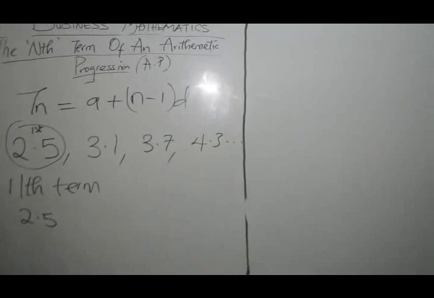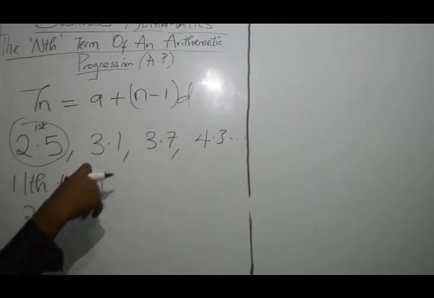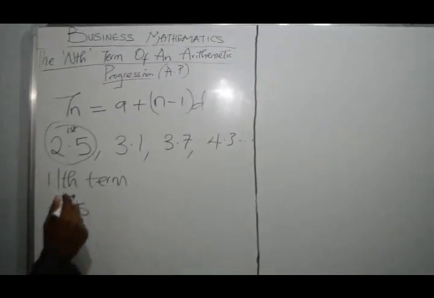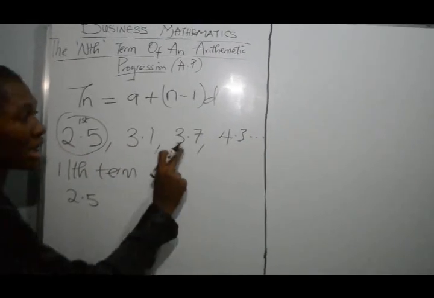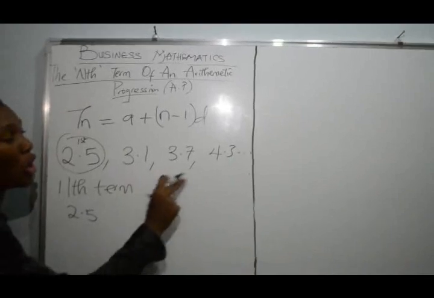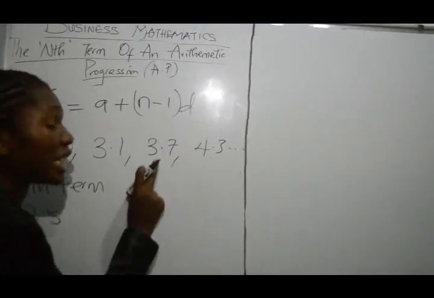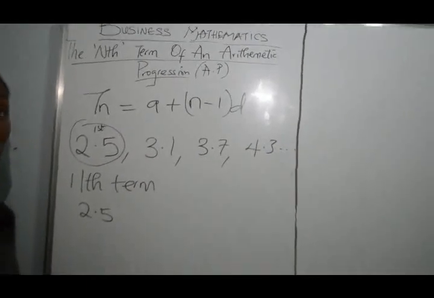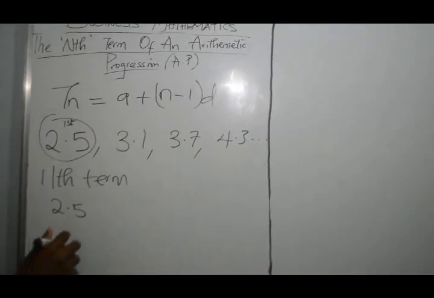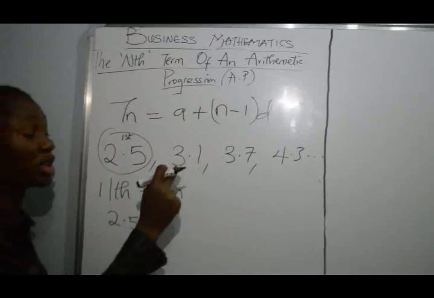Are we together? So let's just take any of the random places. I will say our third. So our common difference is simply our second term minus our first term, or our third term minus our second term, or our fourth term minus our third term. So we can pick any one from here to get our common difference. Now I want to use our third term minus our second term.